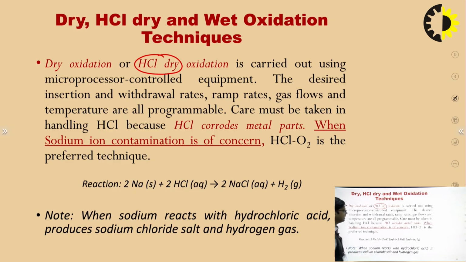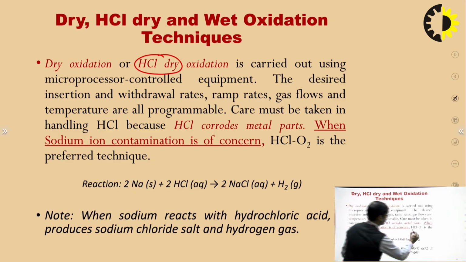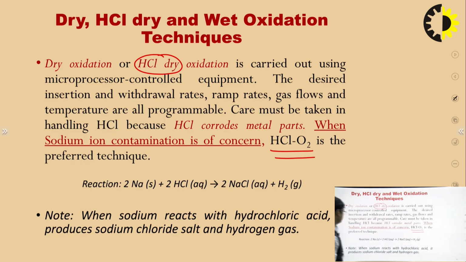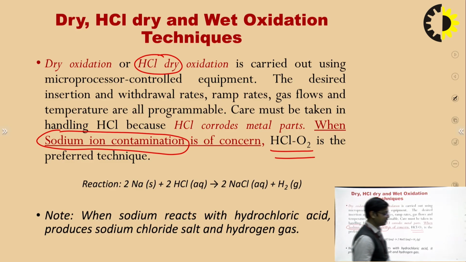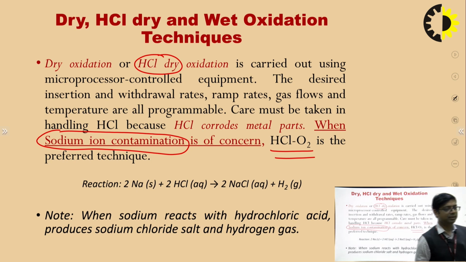Why we use HCl is because using HCl helps us protect from sodium ion contamination. If we are working in an environment where sodium ion contamination can take place, then to make sure that it does not take place, we provide HCl dry oxidation.